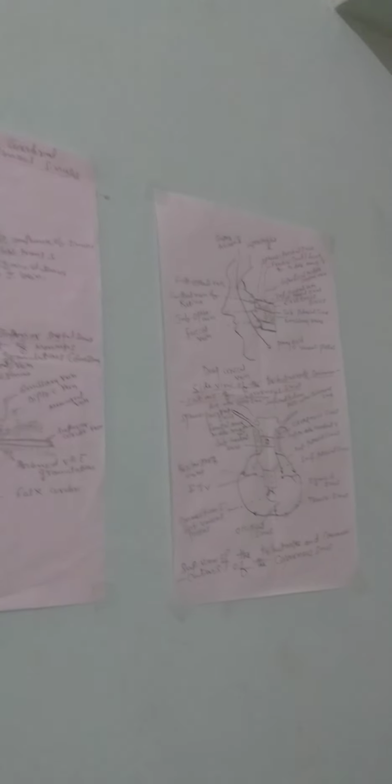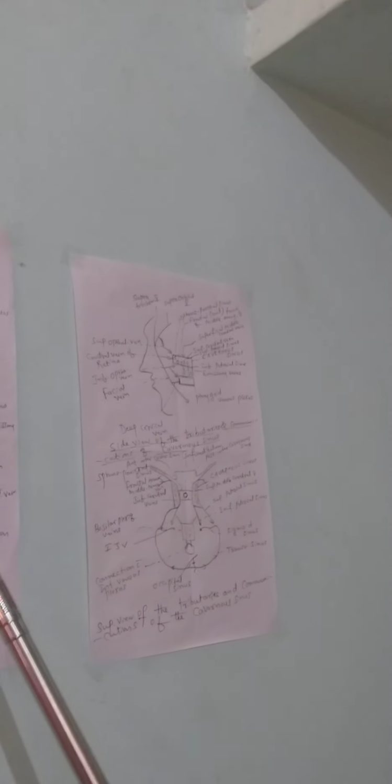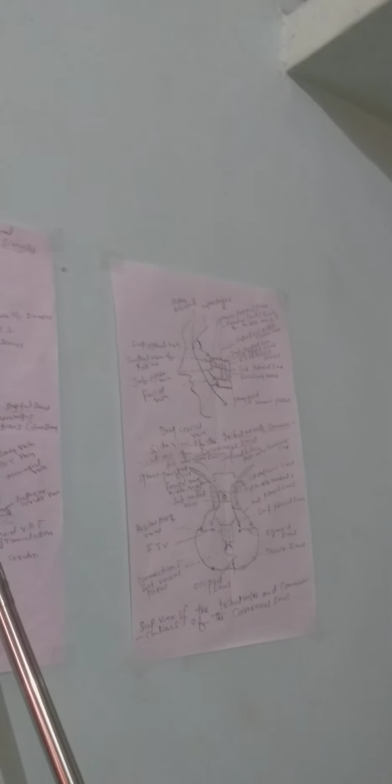Then here there is the superior petrosal sinus, which drains into the cavernous sinus. Then the inferior petrosal sinus is here, which also drains into the cavernous sinus.